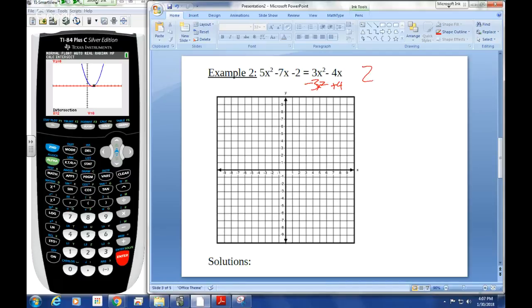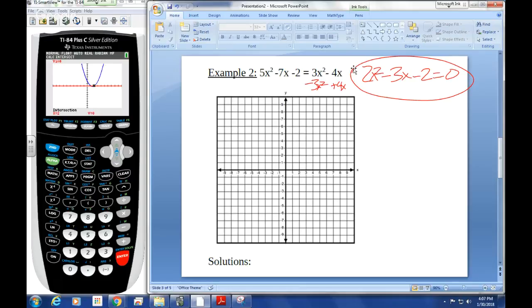So we get 2x squared, and then adding 4x, we get minus 3x, and we still get minus 2, and that equals 0.